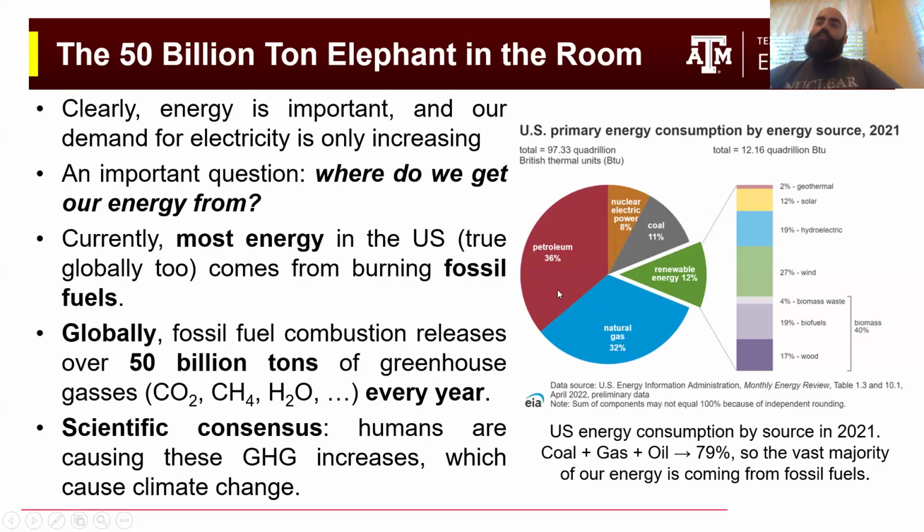Petroleum is pretty much exclusively used for cars as well as large mechanical equipment. In agriculture, we use a lot of diesel, so diesel powers our farms, all of the tractors and things like that. Petroleum products also go into the airline industry. And so petroleum and natural gas are the biggest things.